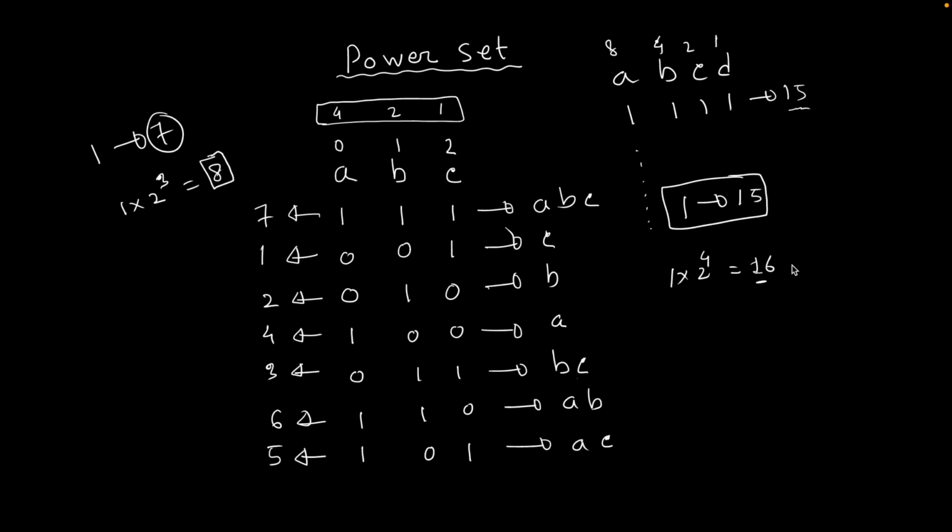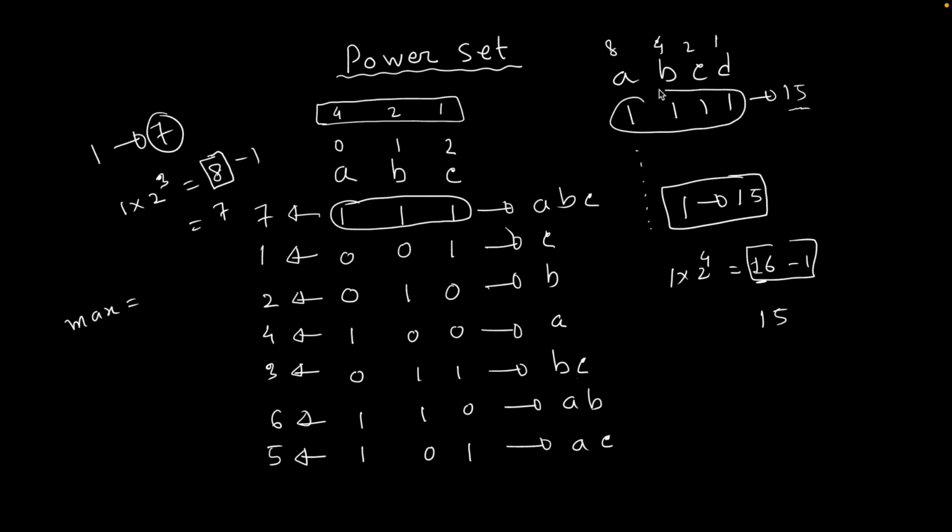So if we just subtract 1, we will get 15, and here if we subtract just 1, we get 7. So we can easily find the maximum number for this given string using 1 left shift n, where n is the length.